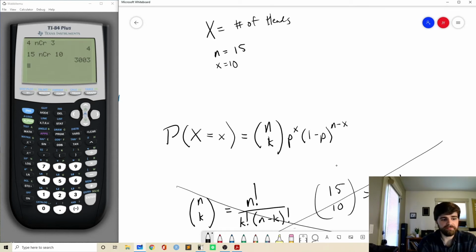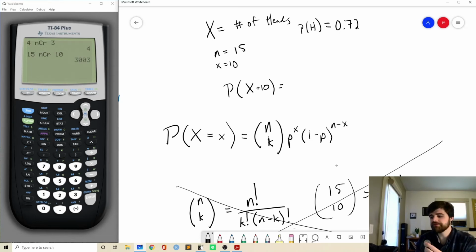So let's plug it into our formula. And again, we said the probability of heads when I flip this coin is 0.72. That's our estimate, at least. Okay, so the probability that the number of heads is going to be equal to 10.